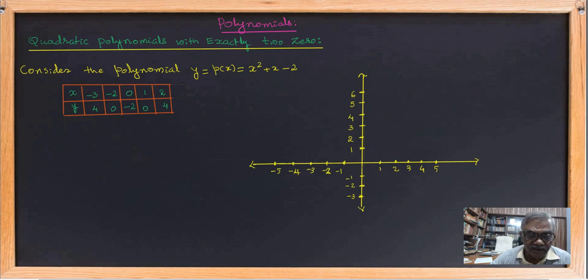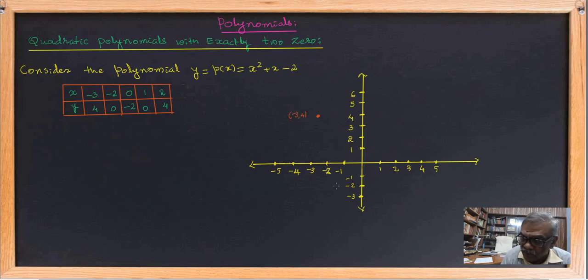Now you can see minus 3 and 4, here minus 3 and 4, and minus 2 and 0, minus 2 and y is equal to 0.